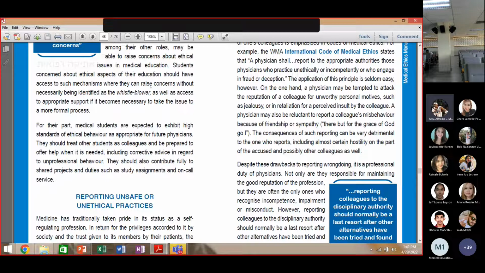Okay, to enhance research, to enhance the practice of medicine, and so on and so forth, because all of you will become doctors later on. So whether these teachers like it or not, you will be the future generation of medicine. Okay?